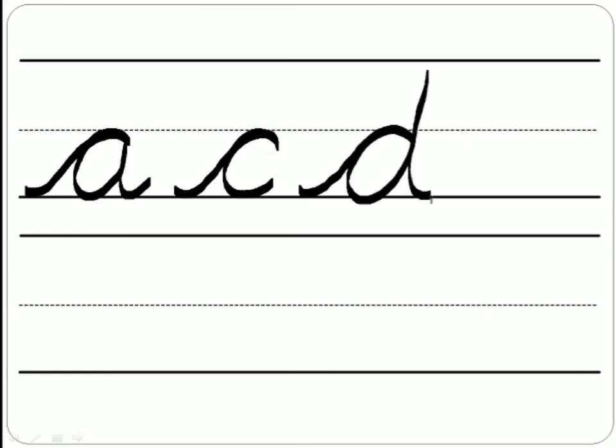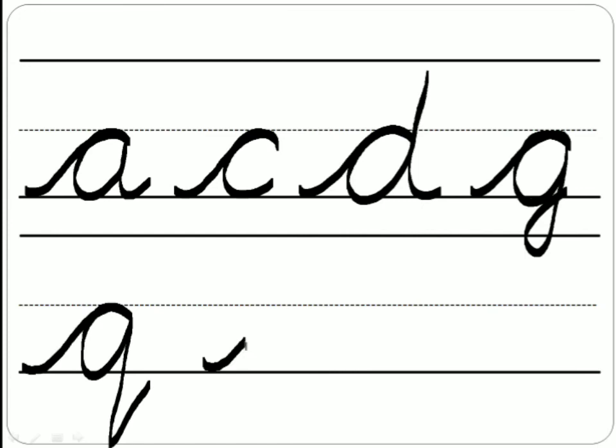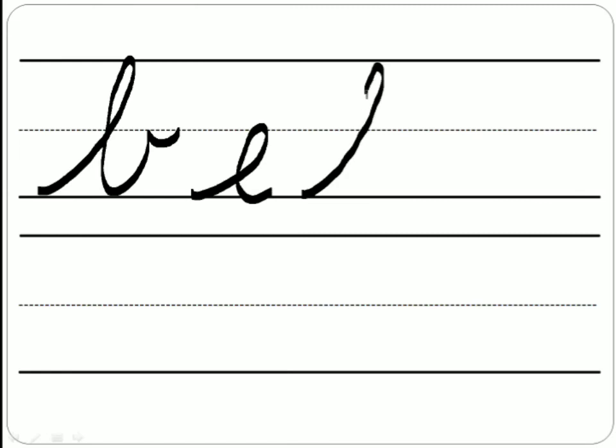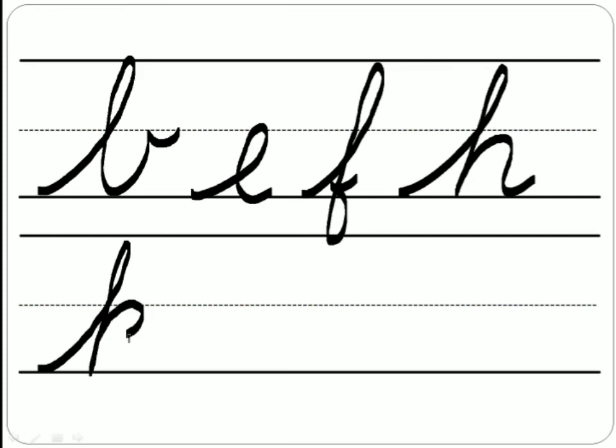We can also group the letters, those starting with the C formation, that's A, C, D, G, Q, and O. Or we have letters which have the loop, as in B, E, F, H, K, L. We can also have letters with the upstroke.